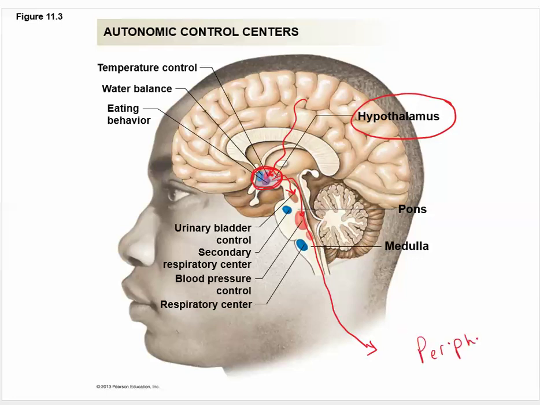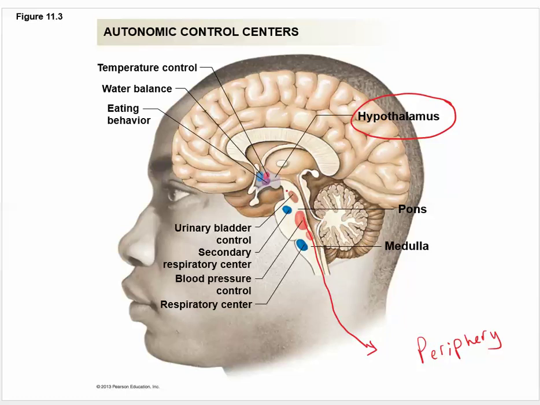Okay. So that's why it's part of the peripheral nervous system. Most things ultimately have control by the brain, which is the CNS. And so it's the hypothalamus in this case that is mainly controlling the autonomic nervous system. So it's telling it to either get you excited or to just kind of chill.